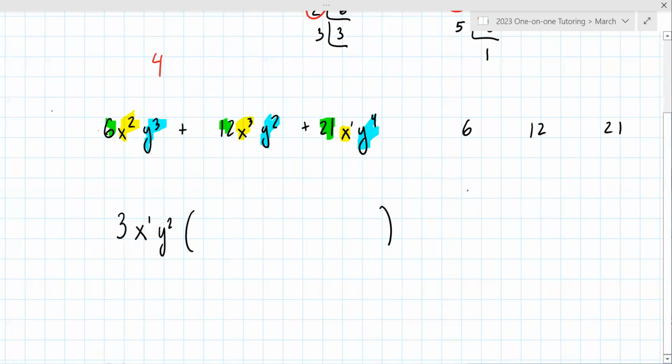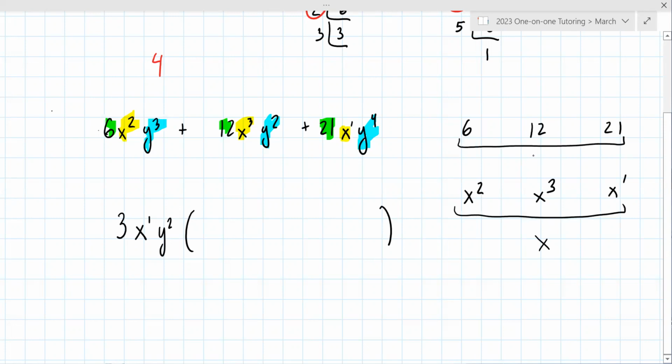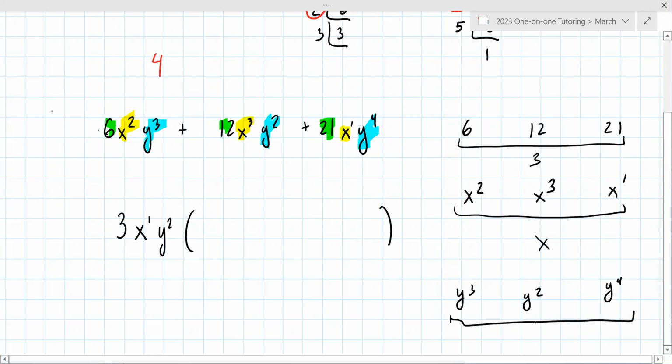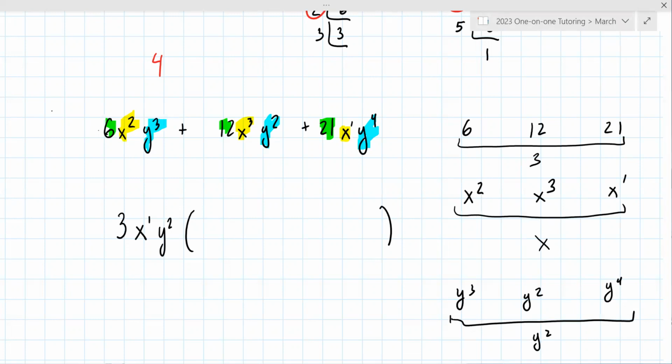So what you could do is maybe right off to the side, like x squared, x cubed, and x to the 1, and maybe just show that it's x, just like you did for the 6, 12, and 21. That's 3. Y cubed, y squared, y to the 4th. Say, okay, that must be y squared. Okay. Yeah, that would work.